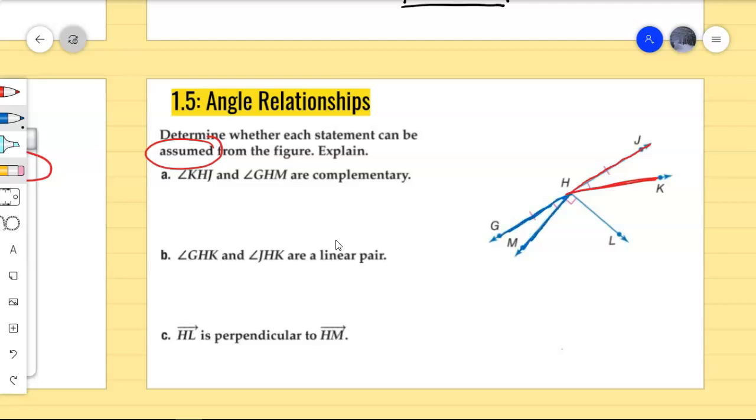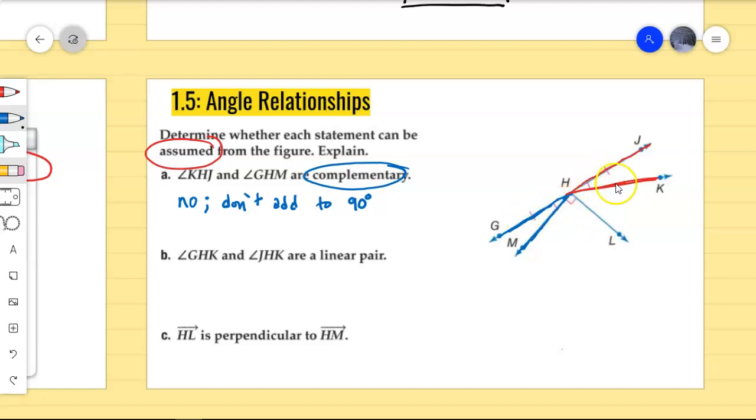Absolutely not. You cannot say that, because you don't know that they add up to 90 degrees. What if one of them was 20? Then the other one would be 70, but you still don't know whether that is true or not.